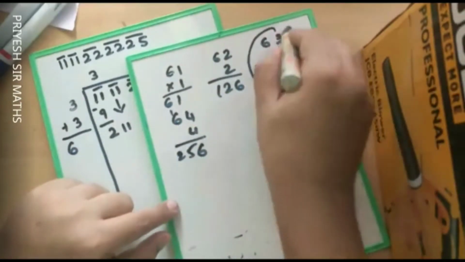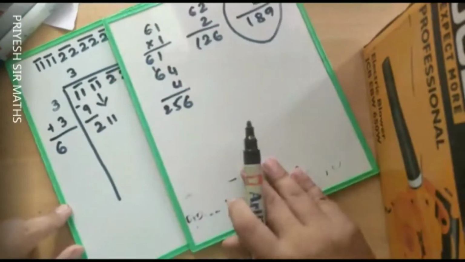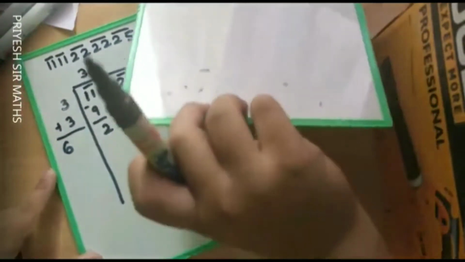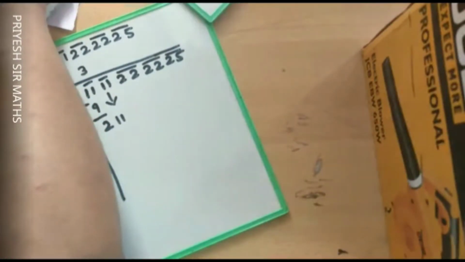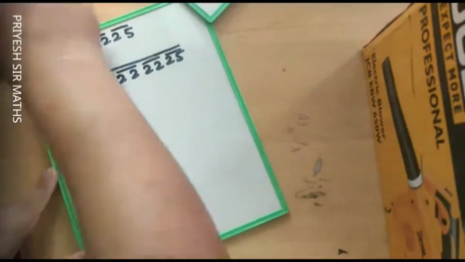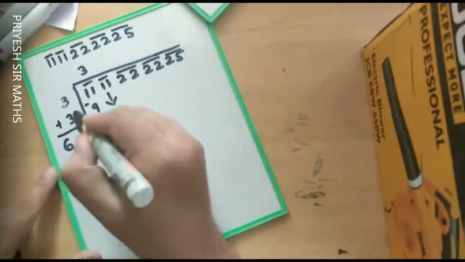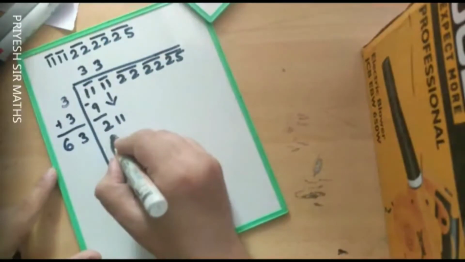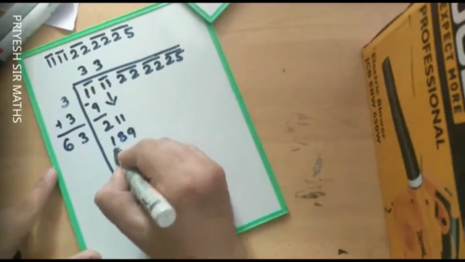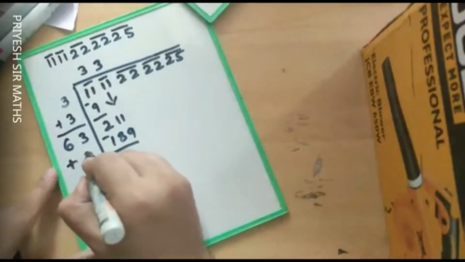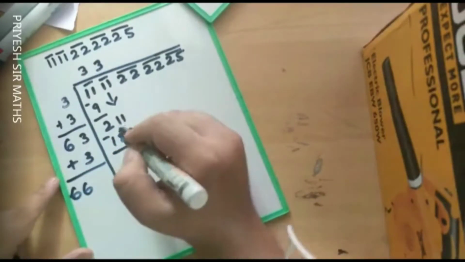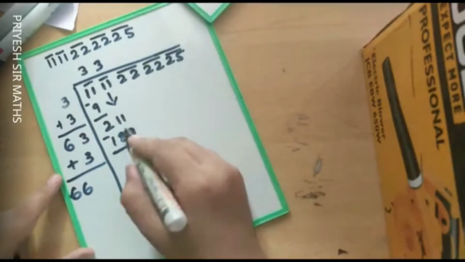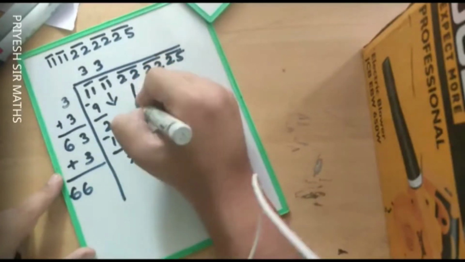So 63 threes are 189. Here you have to add 3, so it becomes 66. Here you have to subtract, so it becomes 22. This 22 comes down.